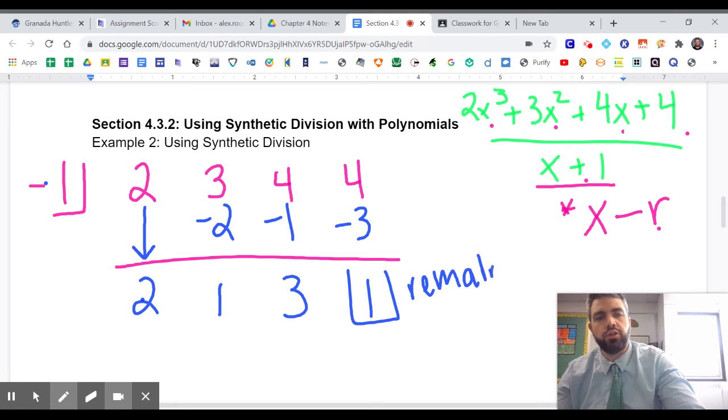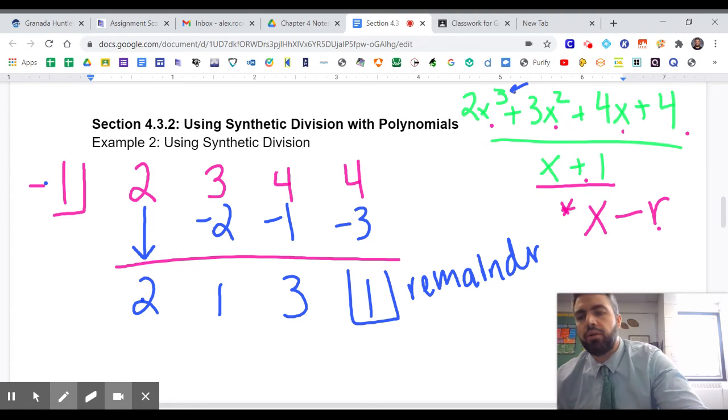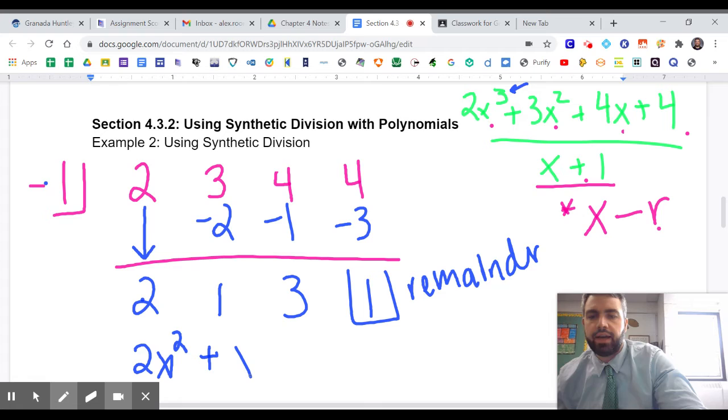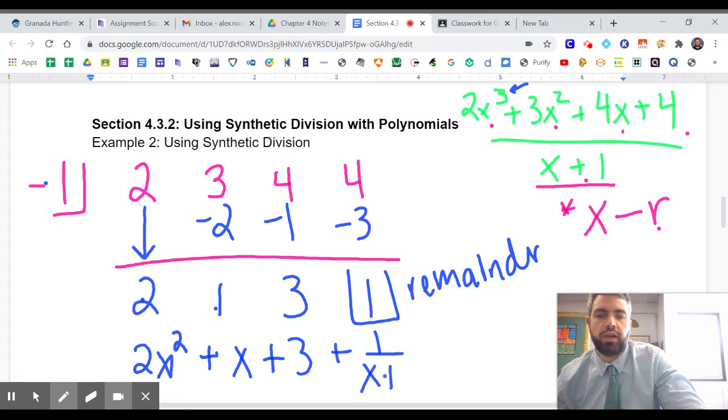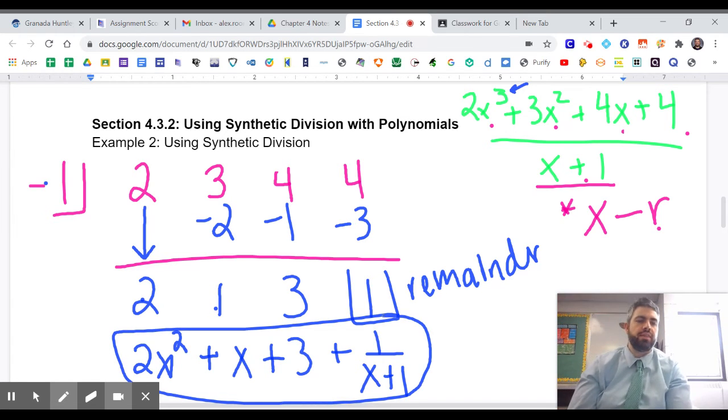When we started with x to the third and dropped down by a power, our solution is 2x squared plus x, or 1x, plus 3, plus our remainder 1 over x plus 1. You'll notice this is the same solution that we got for example 1.